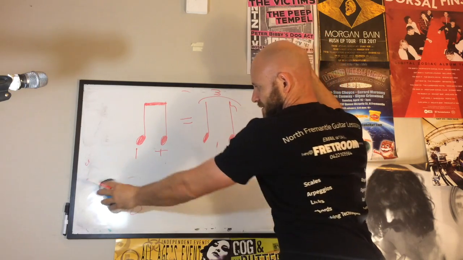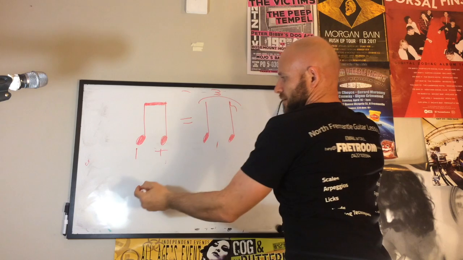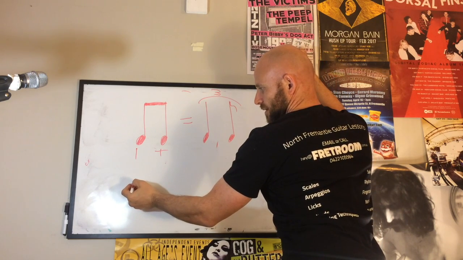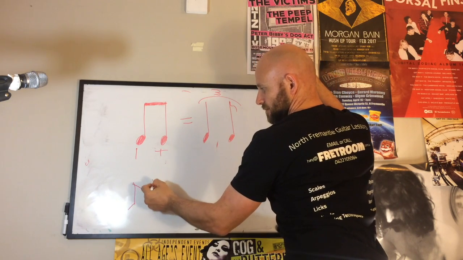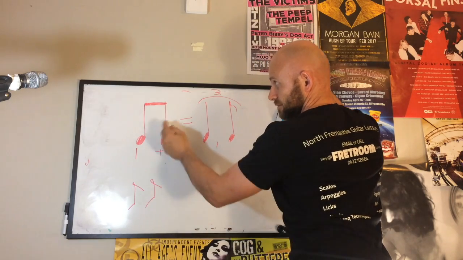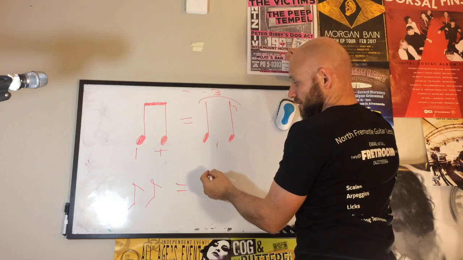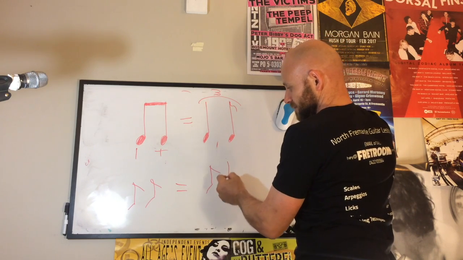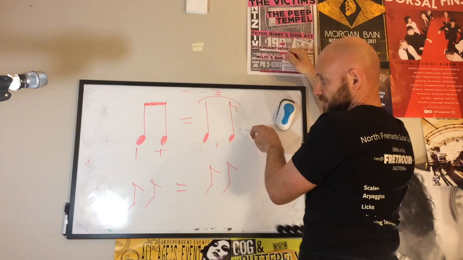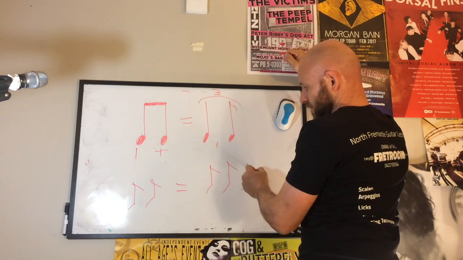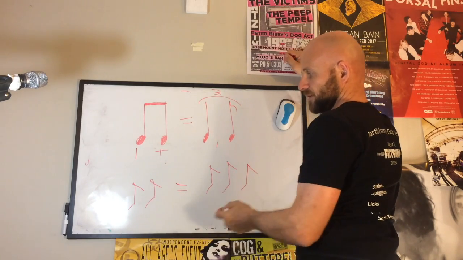So I'll write this out now. I'll put an eighth note plus another eighth note equals, well, this quarter note is equal to 2 eighth notes, so I'll put 2 eighth notes there. There's 2, plus this one here, that's my third one. So 2 equals 3.